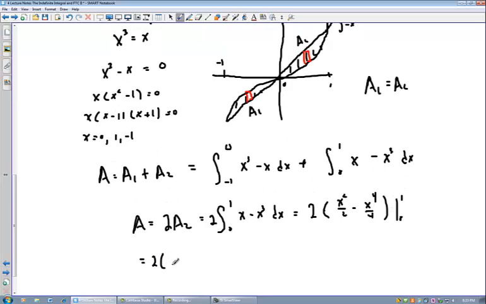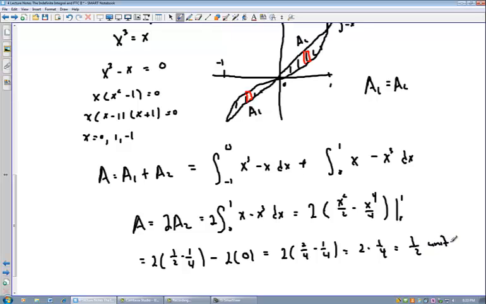So I have 2 times 1/2 minus 1/4. Then minus 2 times, and when you plug in 0, you just get 0. And so this is equal to 2 times, and then 1/2 minus 1/4, well, this is going to be 2 over 4 minus 1 over 4. And so that's equal to 2 times 1/4, which is equal to 1/2 units squared.